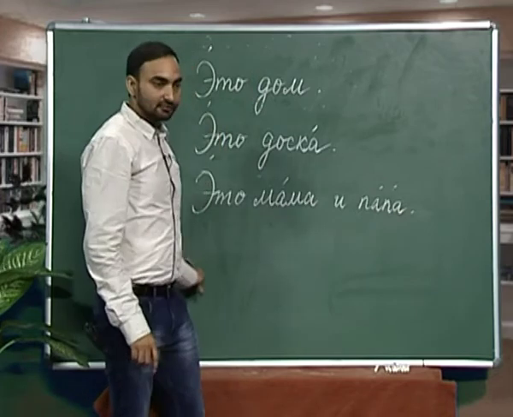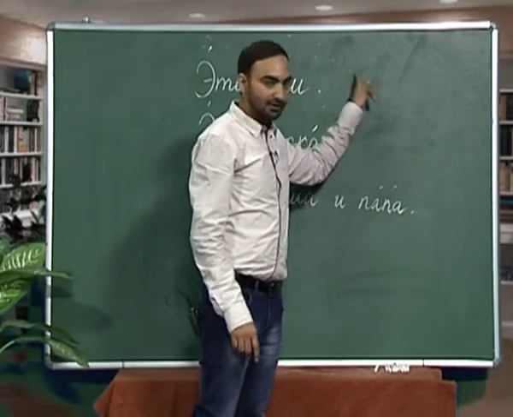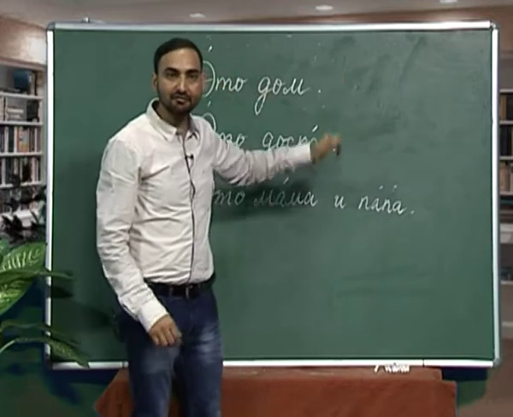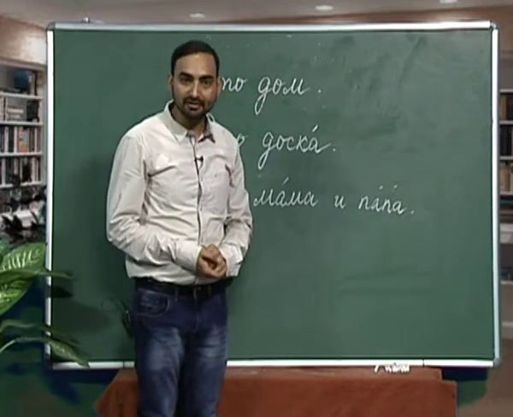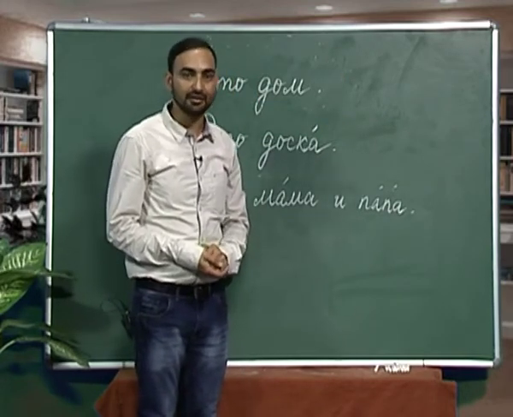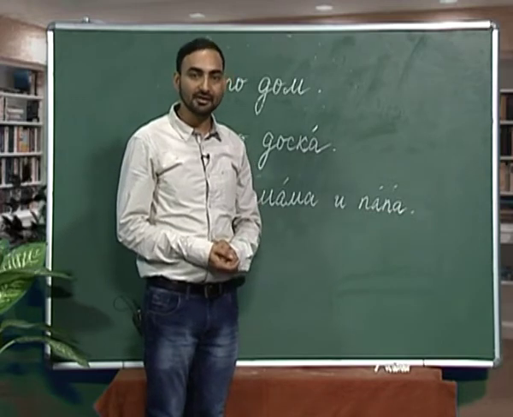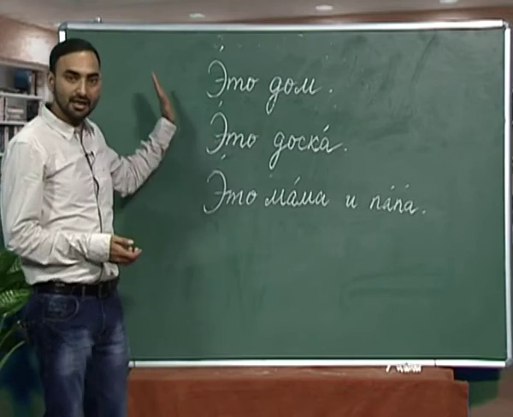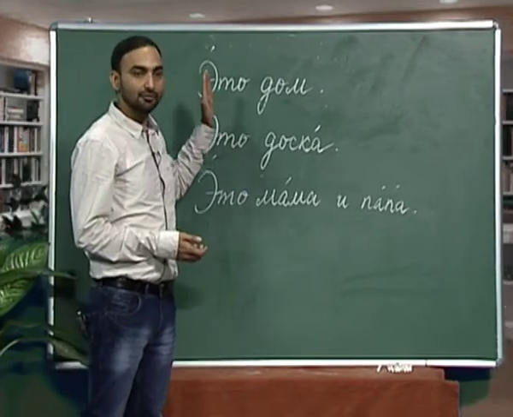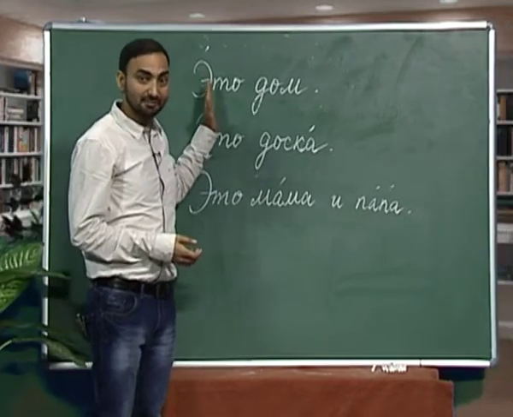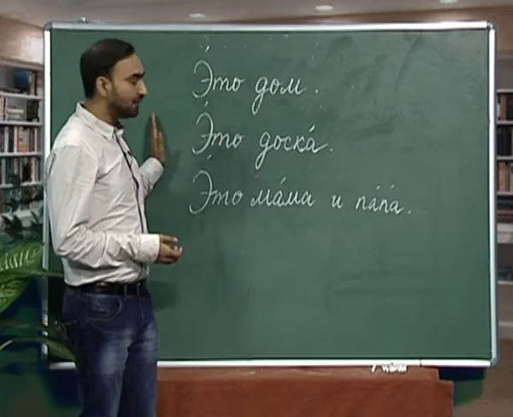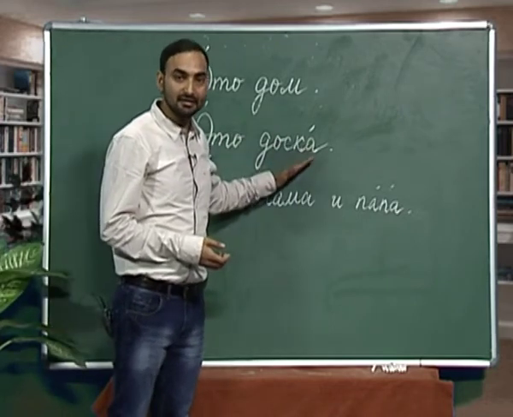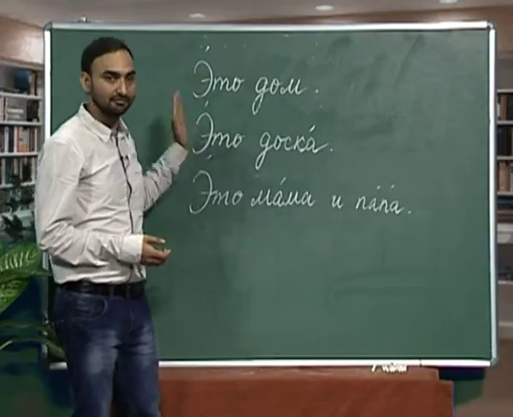One more important thing is that in Russian we do not have articles, either definite or indefinite. While translating these sentences, keep in mind that we do not have any link verb in the present tense and do not use any articles in Russian.